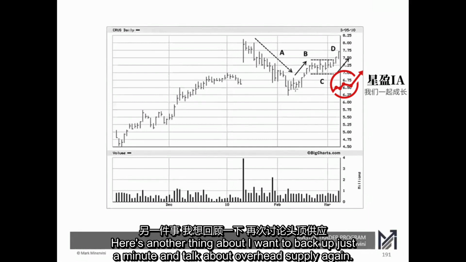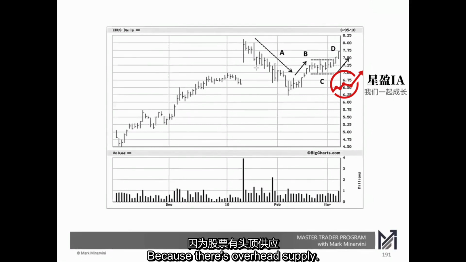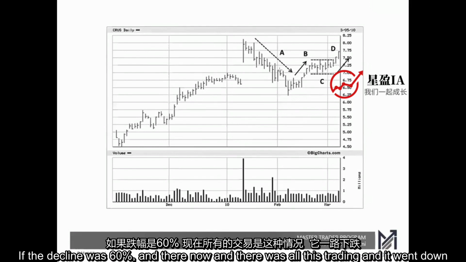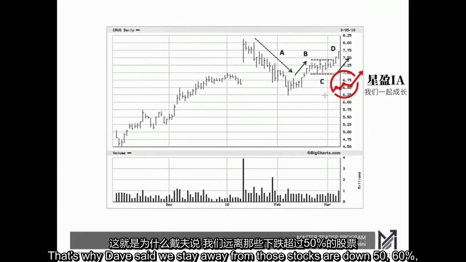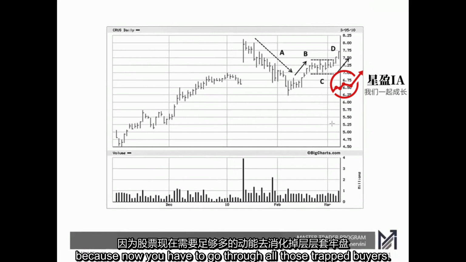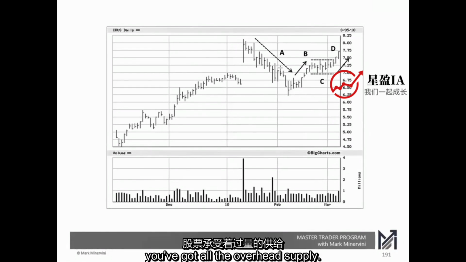See, here's the other thing. I want to back up just a minute and talk about overhead supply again. So some people say, well, why would I buy that? Because there's overhead supply. Okay, well, if the decline was 60% and there was all this trading and it went down for 3-4 months, and now you're forming a cheat down there, that's no good. That's why Dave said we stay away from those stocks that are down 50-60%, because now you have to go through all those trapped buyers, and now that profit taking up the right side, and you've got all that overhead supply.